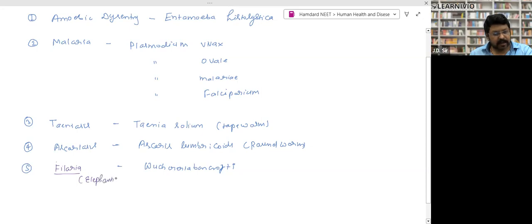Actually, this Wuchereria bancrofti is a type of helminth. That also you need to remember. Filaria is caused by Wuchereria bancrofti. Clear? Take the screenshot.